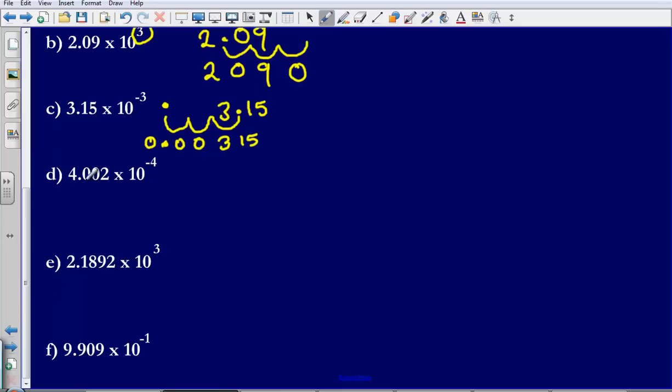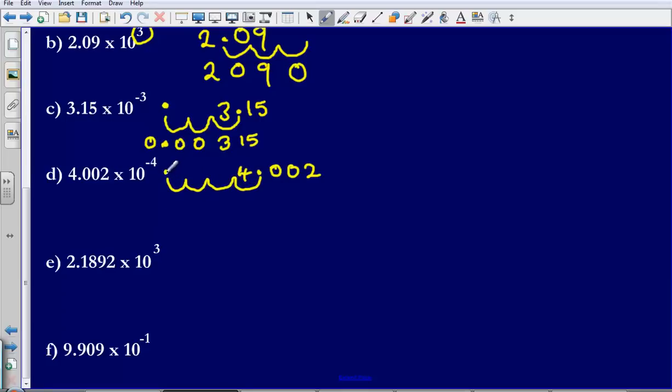Question D, 4.002 times 10 to the power of negative 4. So start off again just by writing out the number that comes before the power of 10, 4.002, and now I'm moving this decimal point back again because it is negative, by 4 places. So 1, 2, 3, 4.